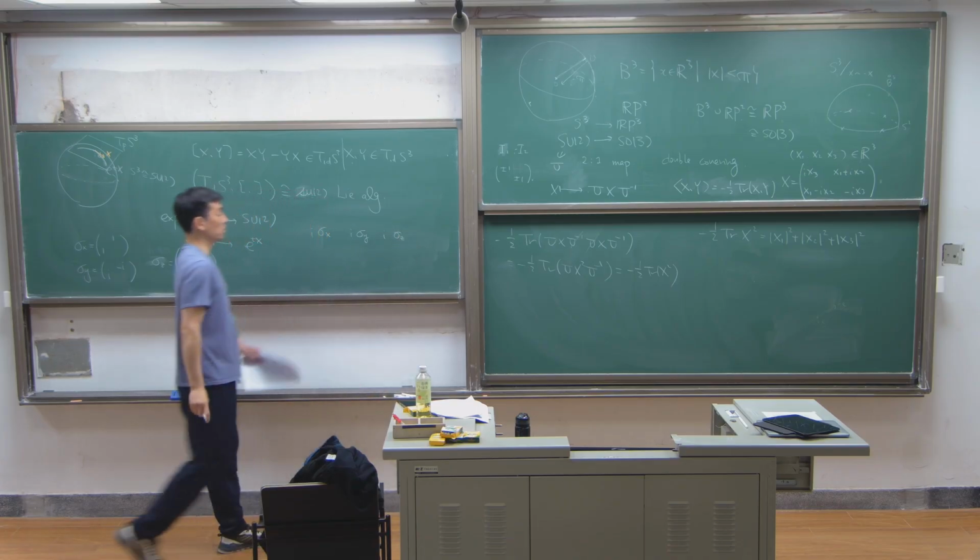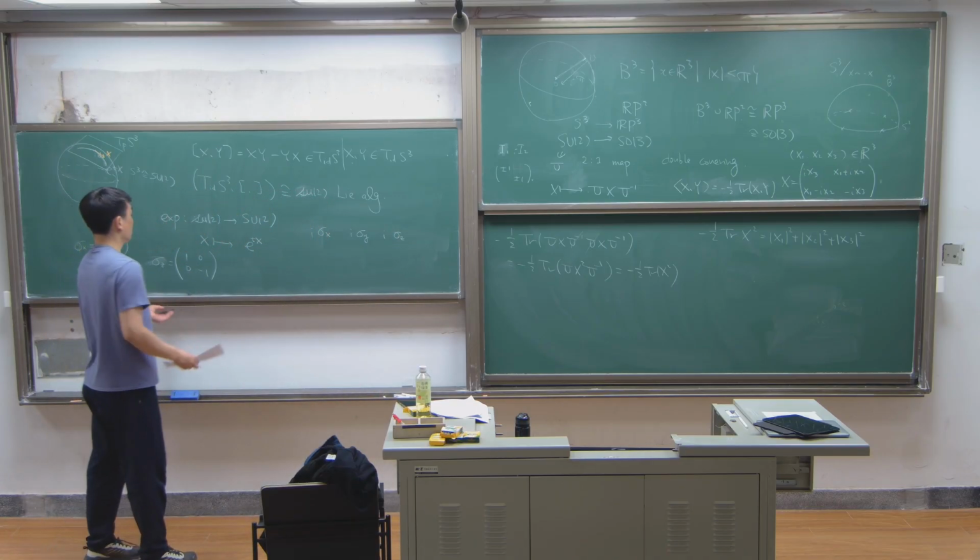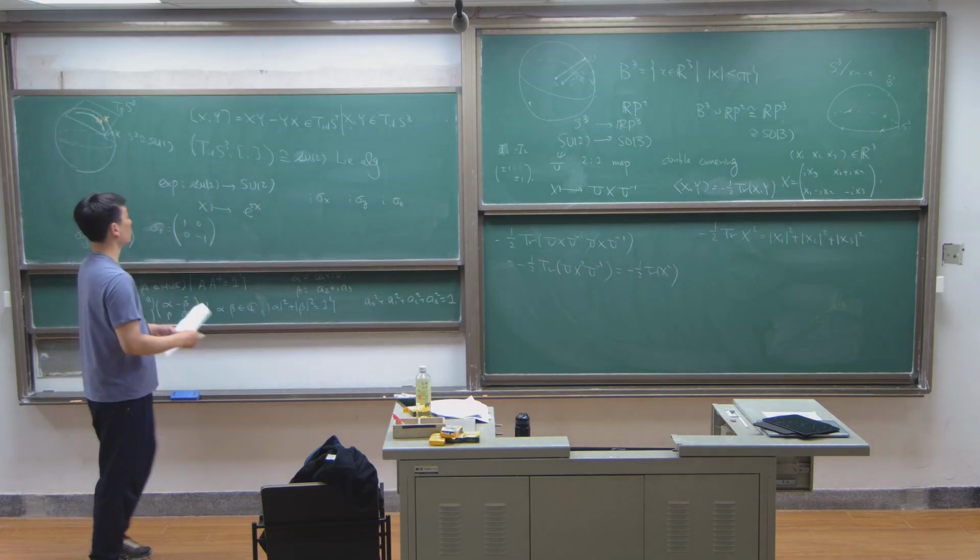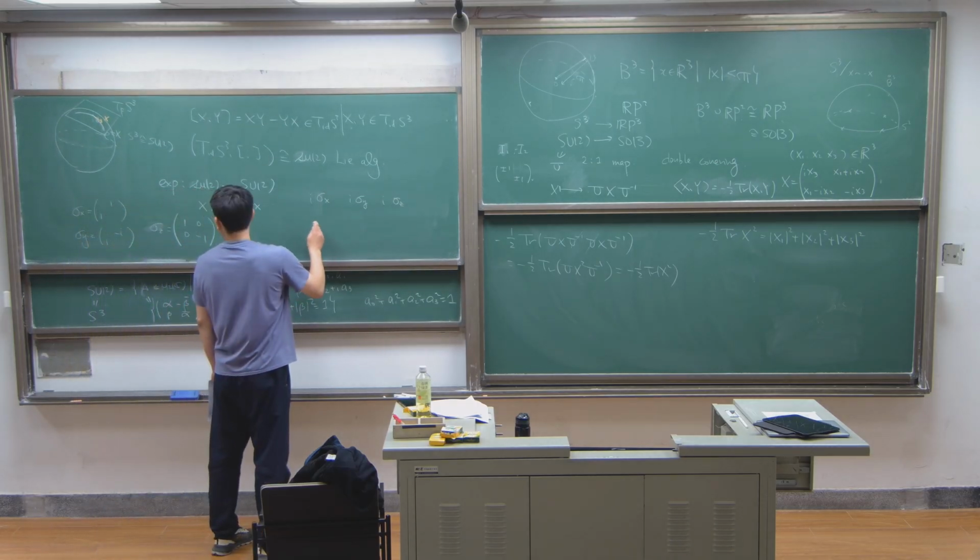So if you do the exponential map of this, it is equal to 0, i, 0.